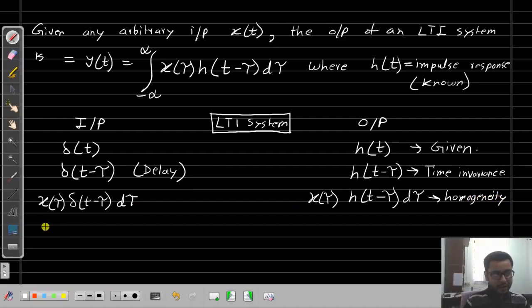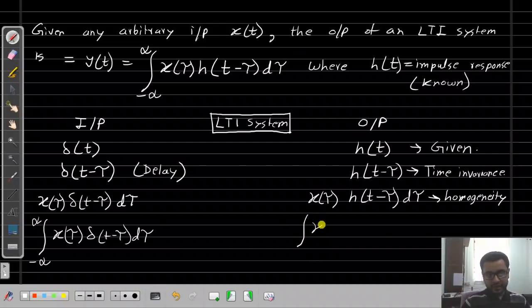And then finally, if I now sum over tau, integration is a kind of sum from minus infinity to plus infinity, then output will also get summed, x tau, h of t minus tau, d tau. This is true by virtue of superposition because the system is linear.